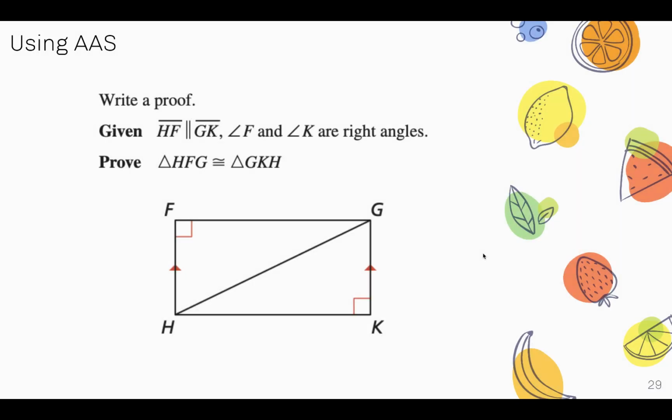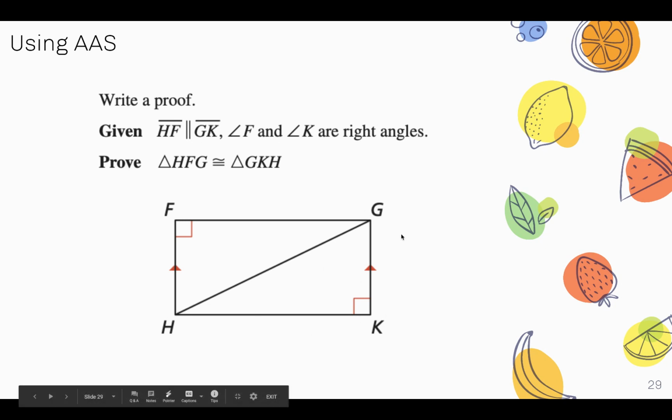All right, now let's show you an example of AAS. Again, another complex diagram. We have two overlapping triangles. The triangle that's on top, we'll call triangle HFG. The triangle that's on the bottom, we'll call triangle GKH.